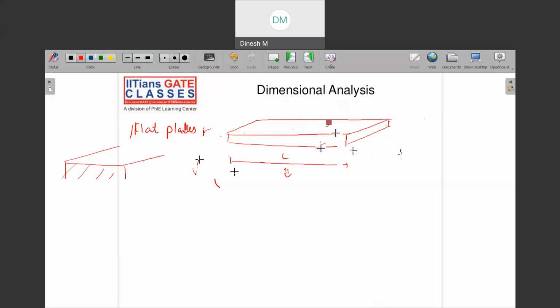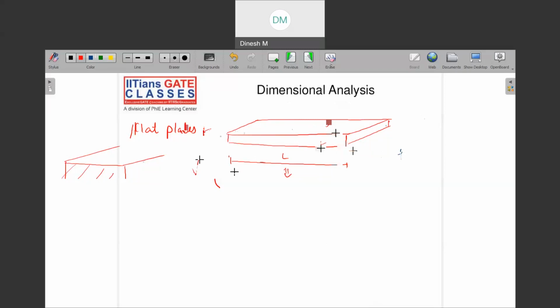This is the number which signifies the ratio of inertia forces to viscous forces.